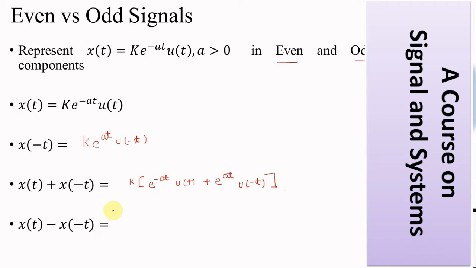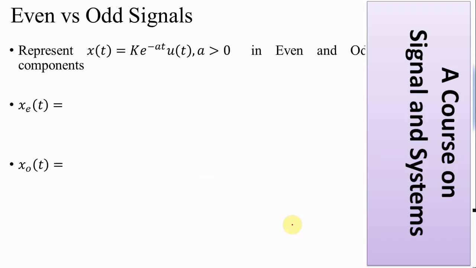Similarly, x(t) - x(-t), which is required for the odd part, will become k [e^(-at) u(t) - e^(at) u(-t)]. It's very easy. And once we have these, we can directly write the even and odd components.